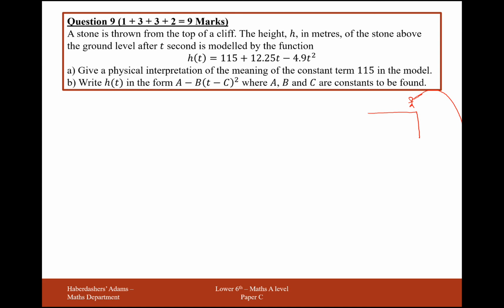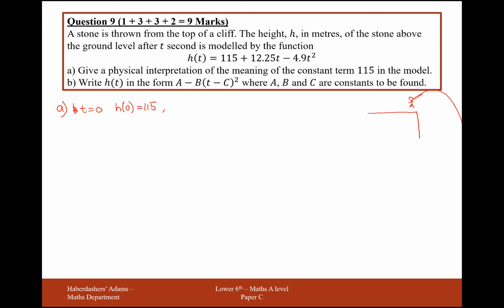Give a physical interpretation of the meaning of the constant 115 in your model. Okay, so what 115 is going to refer to is if I were to use the value of time equals 0, so no time has passed, this expression here would be 0, this expression here would be 0, so h of 0 would just equal 115.